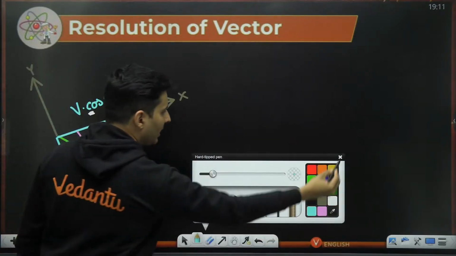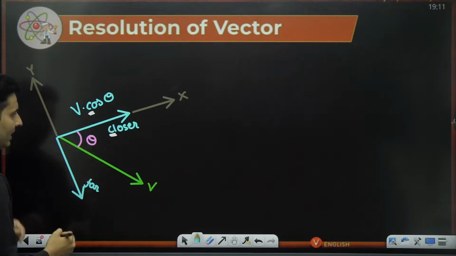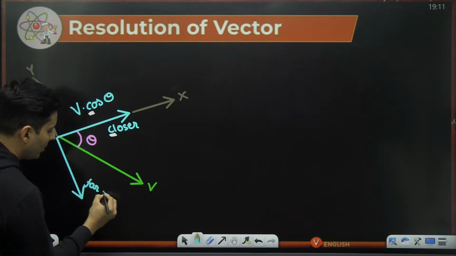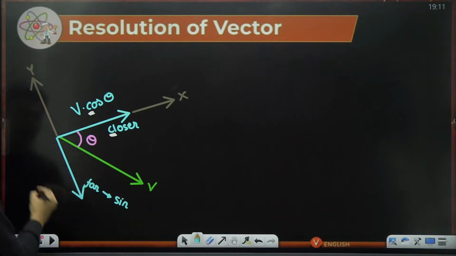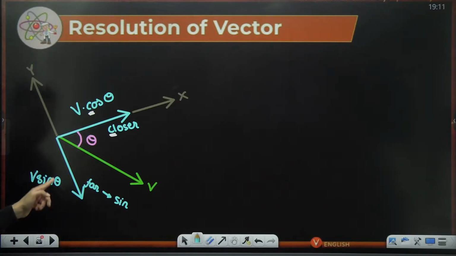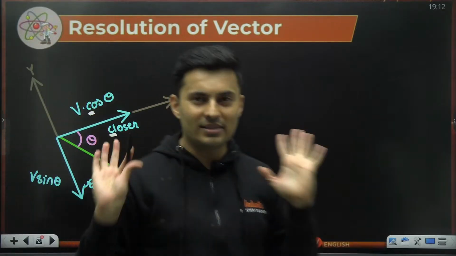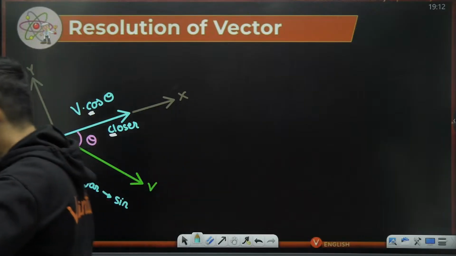If you see this other component, this is far from theta. So the moment you are going far, that means you have committed a sin. Therefore, it will be V sine theta. The moment you are far, it is a sin. The moment you are close, it is a cos. Very easy to remember. Got it, everyone?